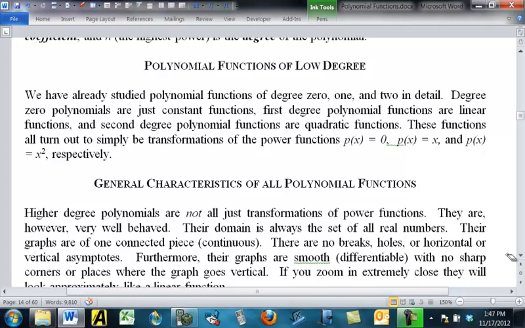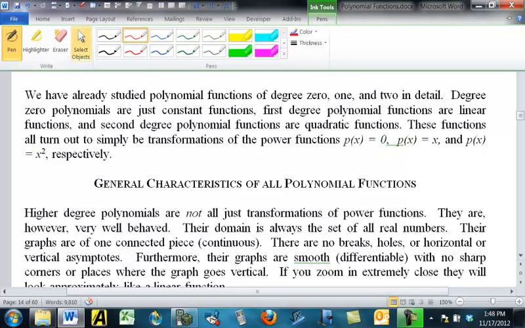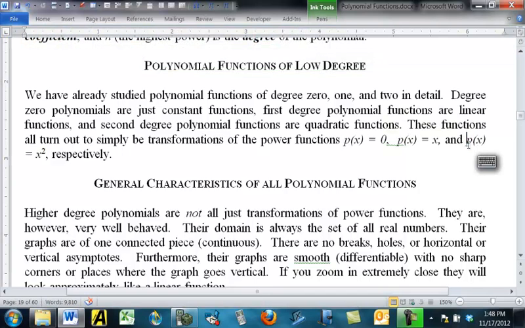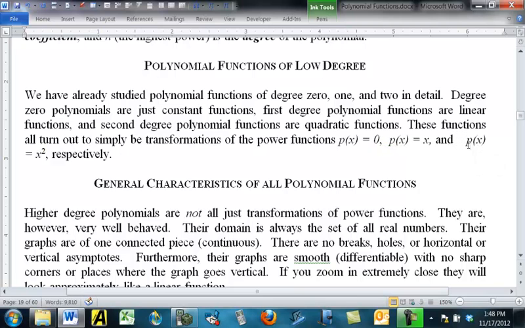All linear functions are just transformations of y equals x, and all quadratic functions are just transformations of y equals x squared. So once we know what those things look like, we get our general functions.